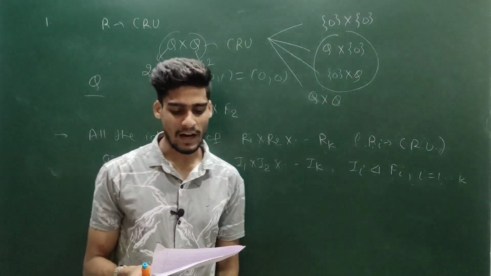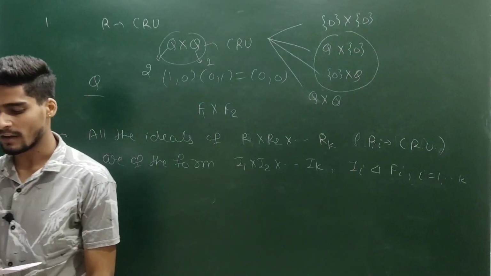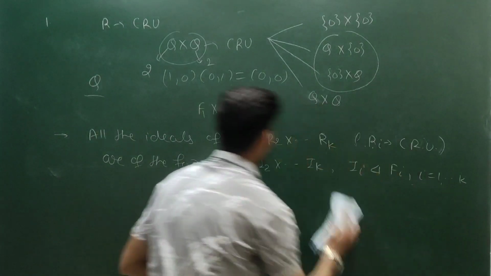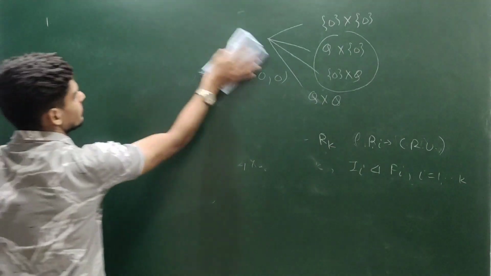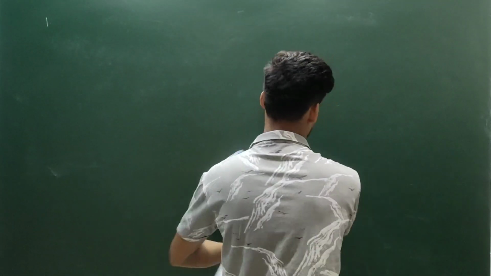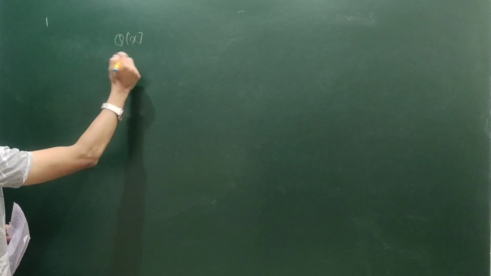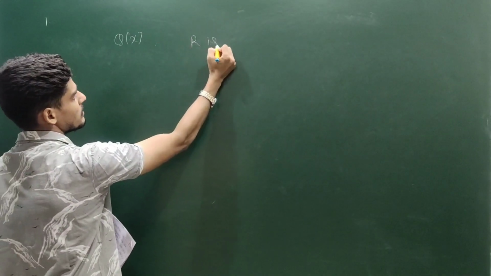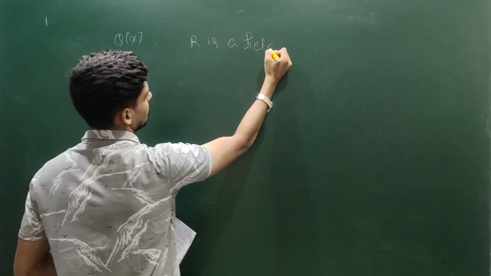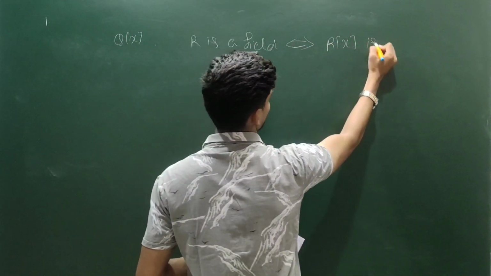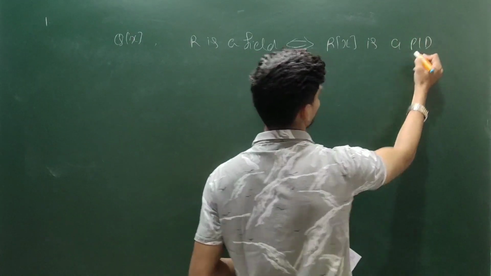Option C: if R is a PID, then every subring of R with unity is a PID. What can you say about this? Can you see this example? R is a field if and only if Rx is a principal ideal domain.